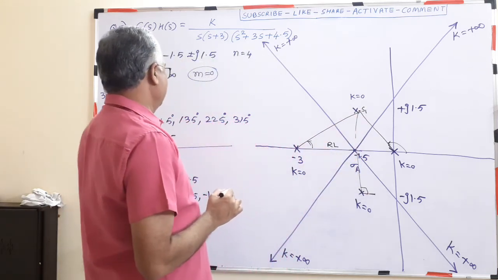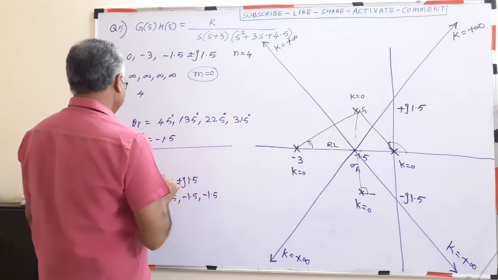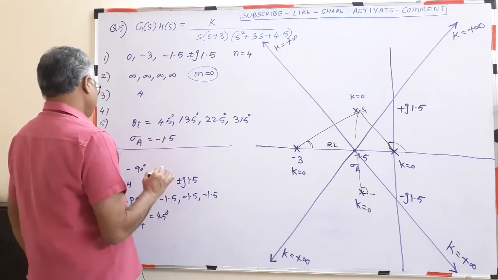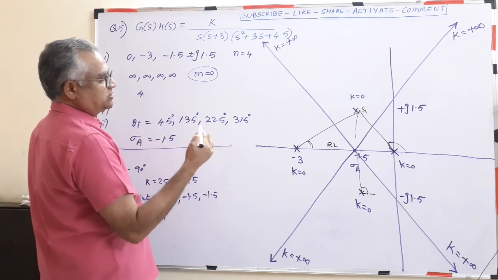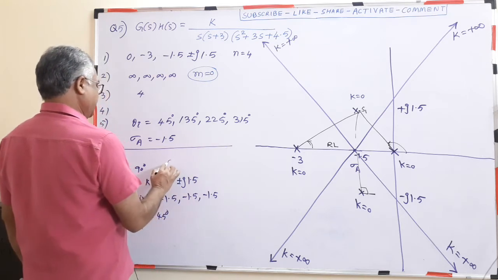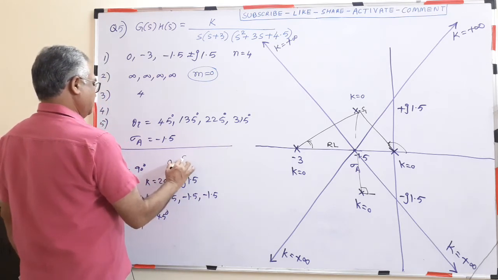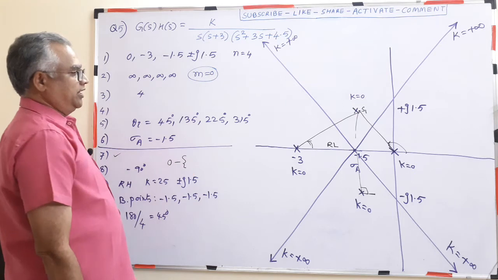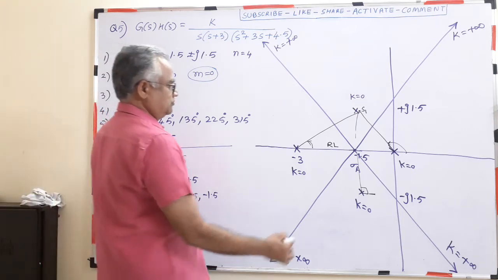So what is the formula? Sigma theta z, meaning angles contributed by zeros, so we don't have any angle, minus angles contributed by poles.